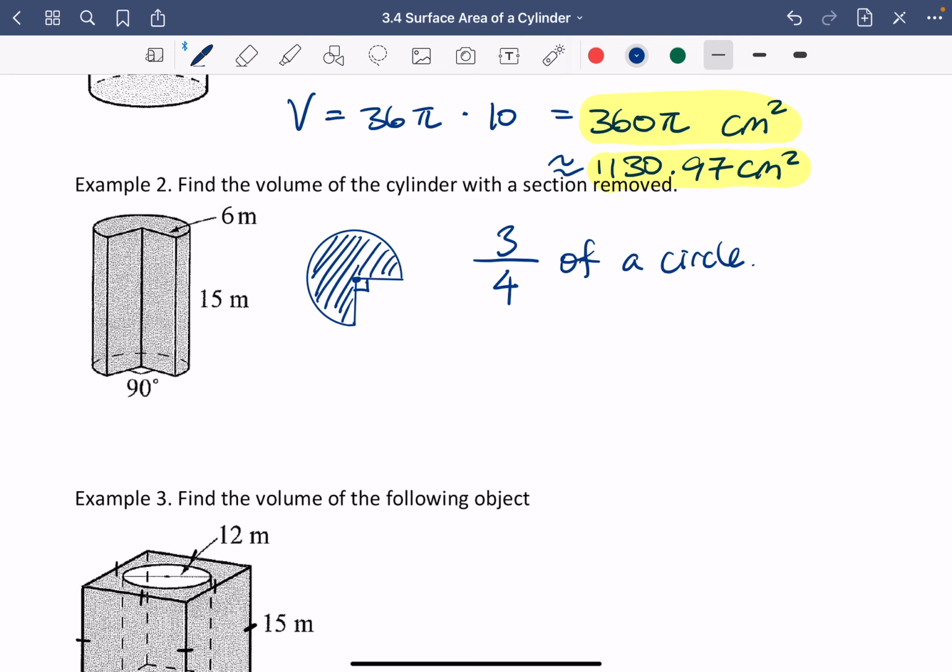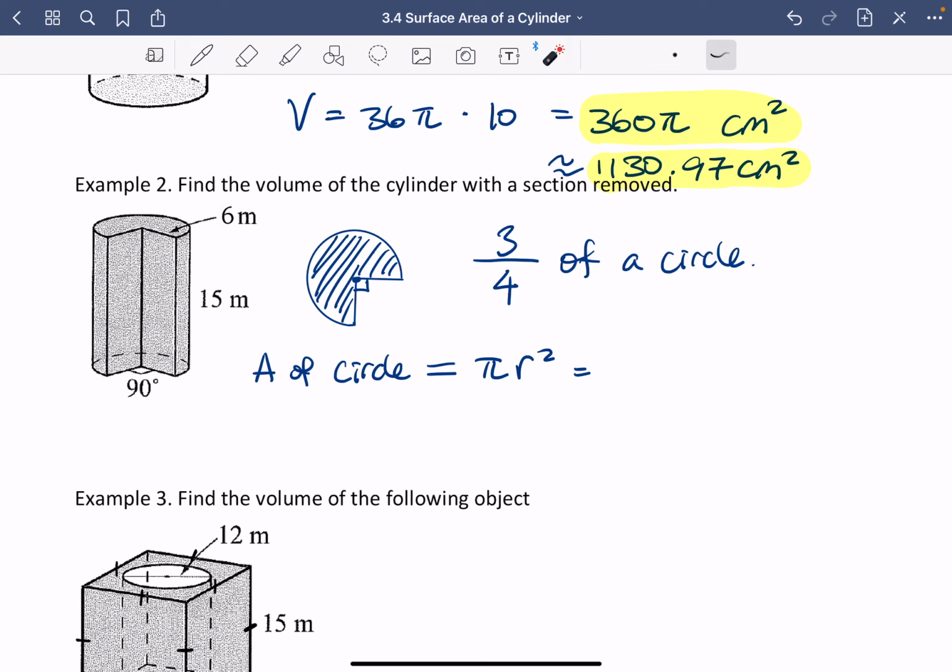Okay, now if I want to find the area of this thing, because this is the base, how do I find the area of this thing? First of all, I need to find the area of a circle. So area of the circle is equal to pi r squared.